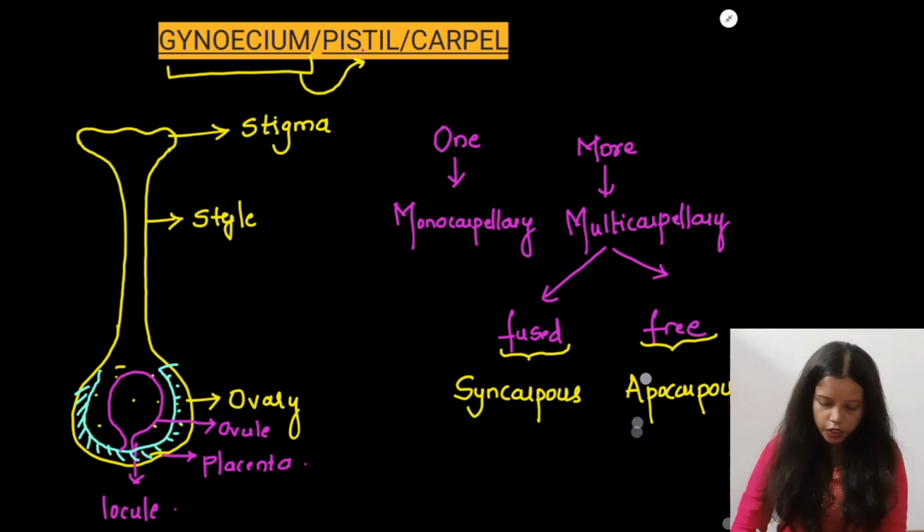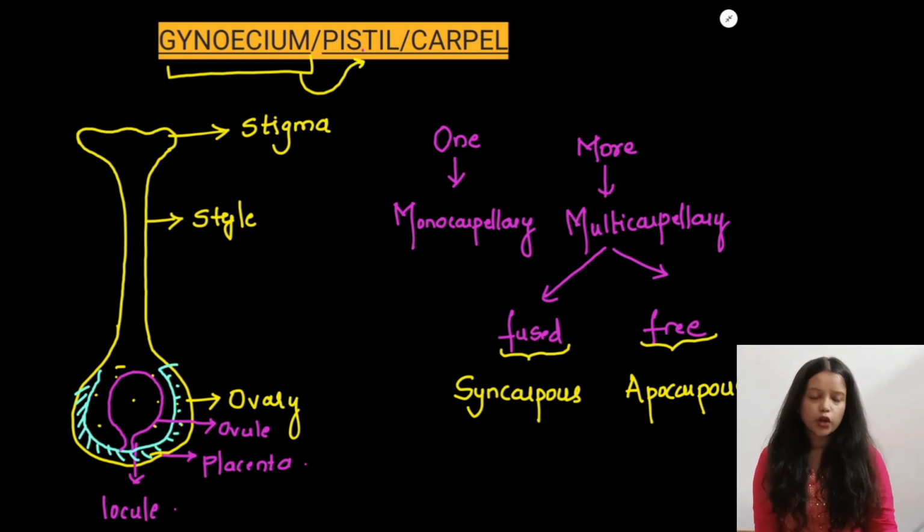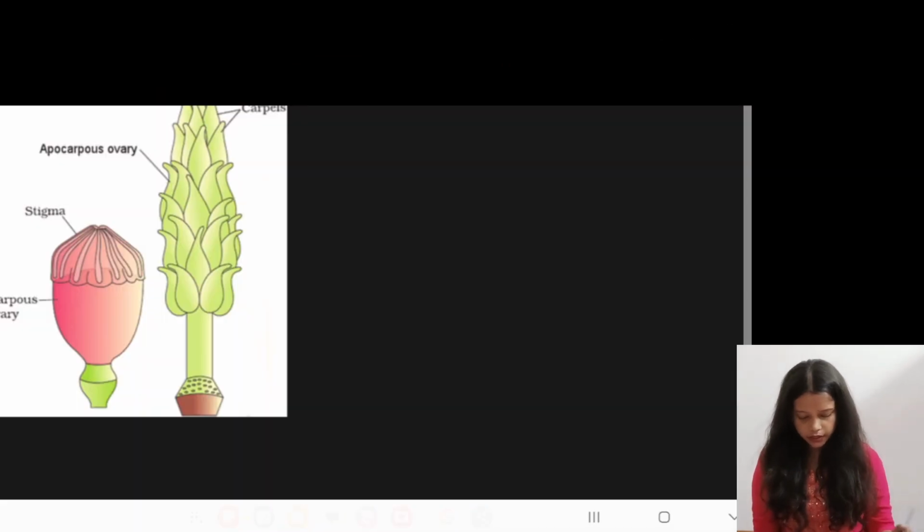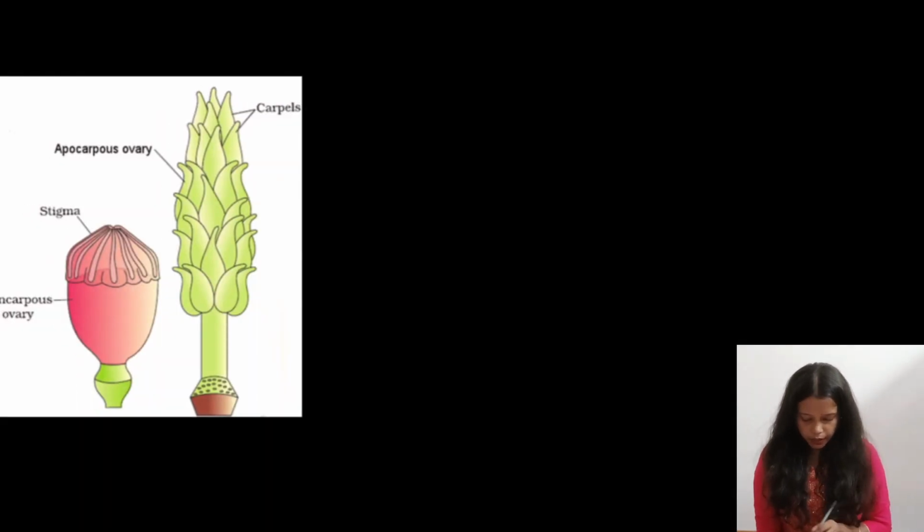Clear about this? In your NCERT, two diagrams are given. You can see here in diagram number 1, the carpels are all fused. So what are fused carpels known as? Syncarpous ovary. This is in case of papaver, remember.